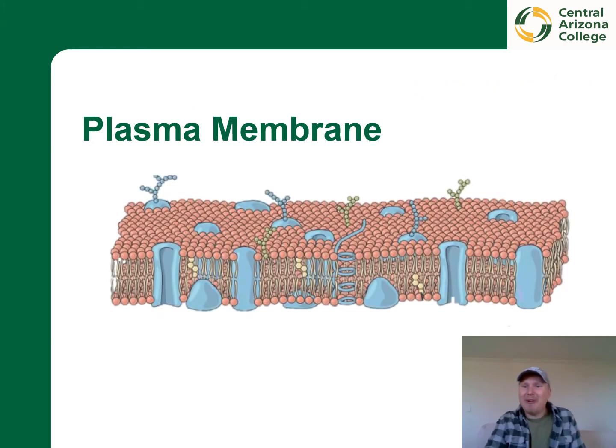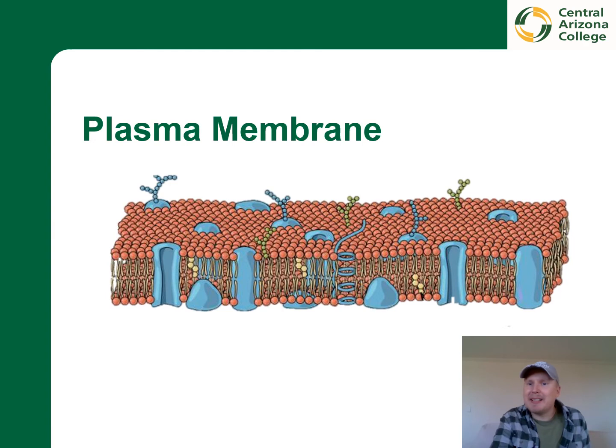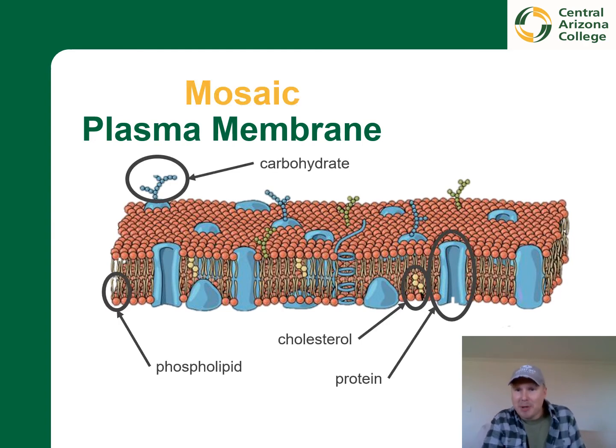And let's have a look at the structure of a plasma membrane a little bit more, in more detail. We want to understand where the term fluid mosaic comes from. Well, the term mosaic refers to the fact that it is made of many components. So we have phospholipids that we can see here, and proteins, of course, in fact, a lot of those.